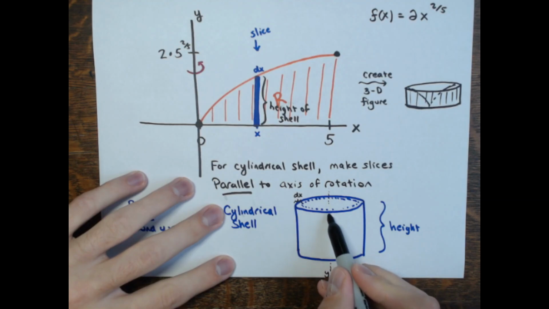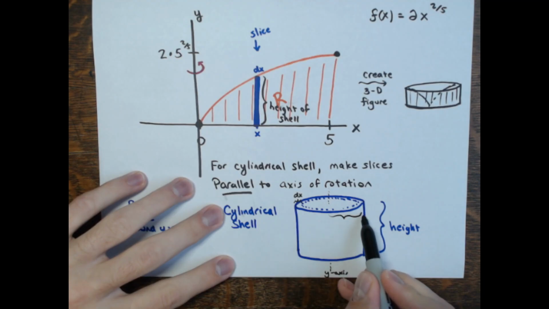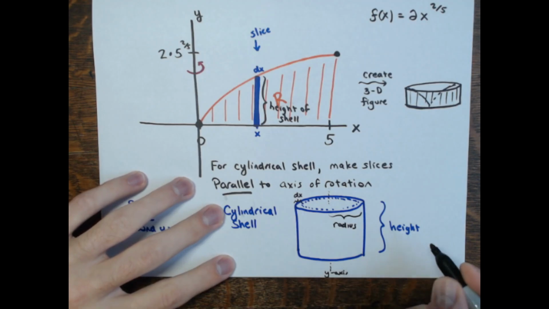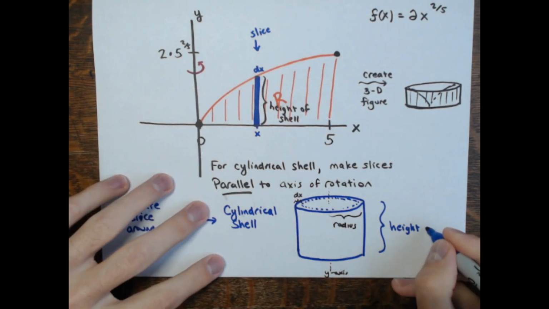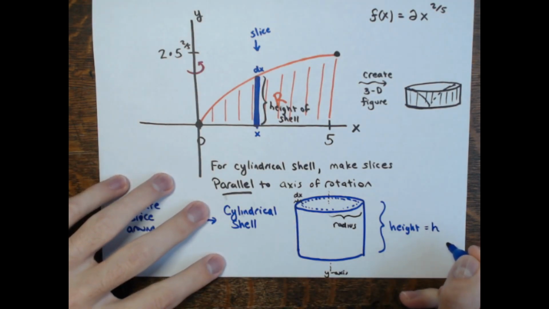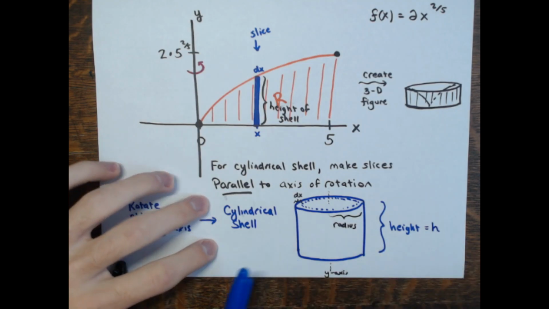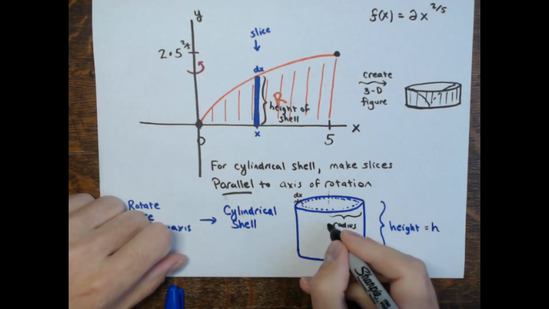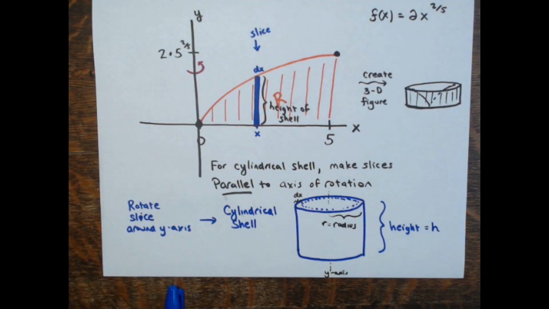And you also have a radius, right? So the distance from the axis of rotation to the rectangle itself, you also have a radius. So I'm going to call the height h and the radius r, okay?